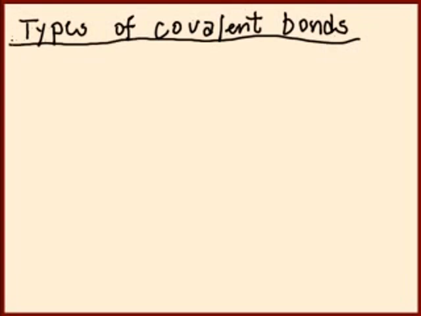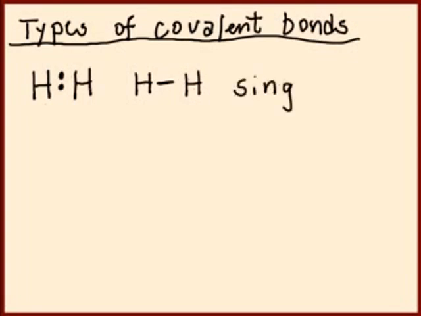If there are just two electrons that are shared, you can draw it as a single line. And we call this type of covalent bond a single covalent bond. I mean, that needs no explanation.